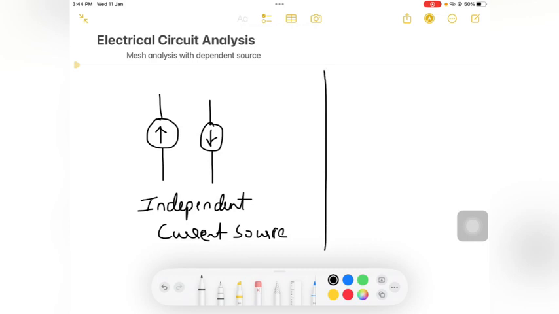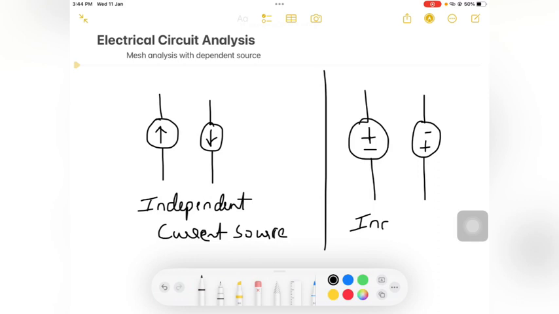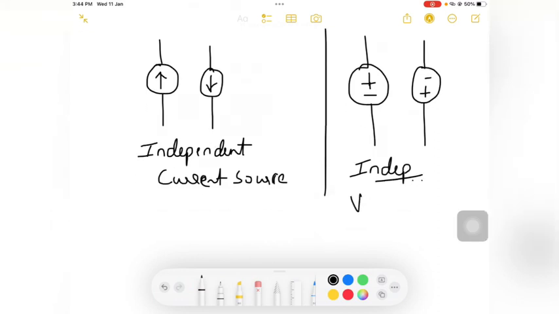Similarly, if there is a voltage source, with either polarity, plus or minus, this is my independent voltage source.